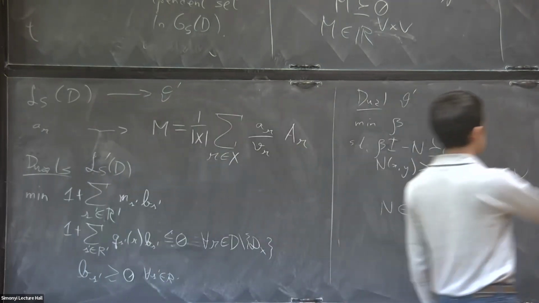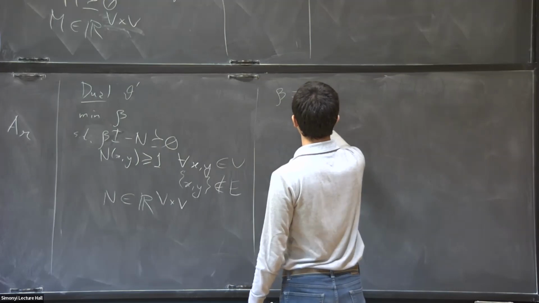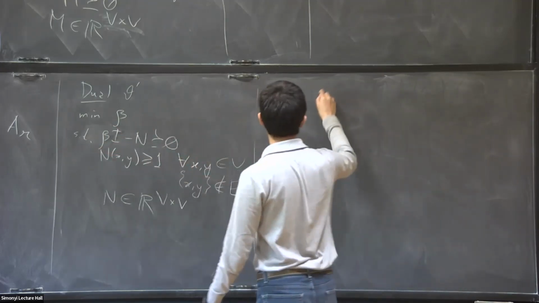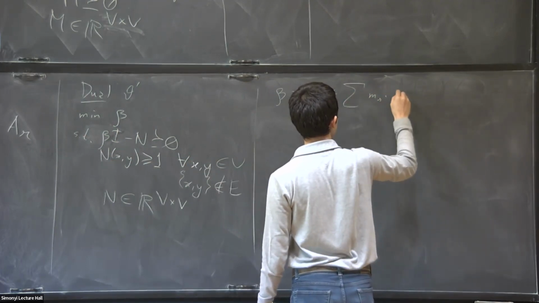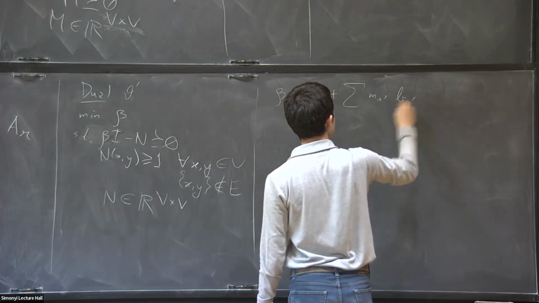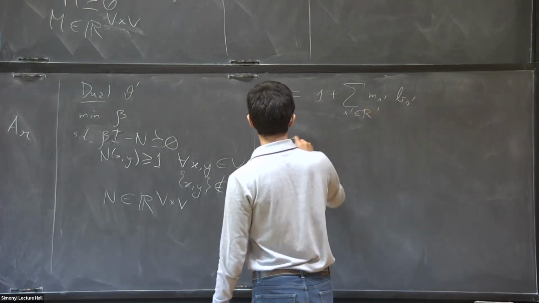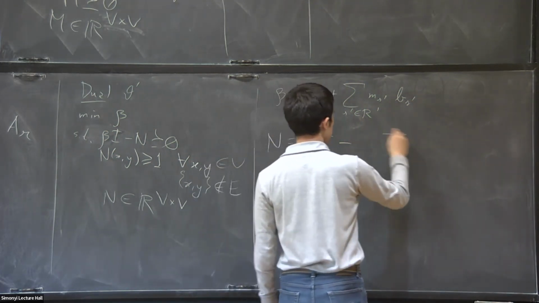And the translation from one to the other is you take beta equals to, well, beta you sort of know because this is the objective value, so it should be the objective value. And N is beta I minus position again.